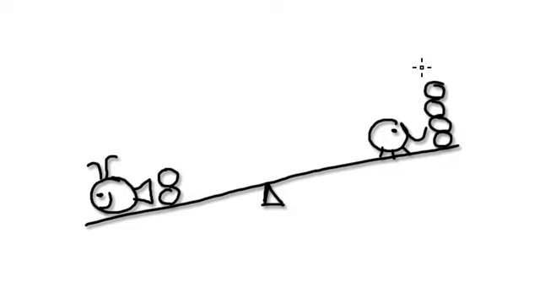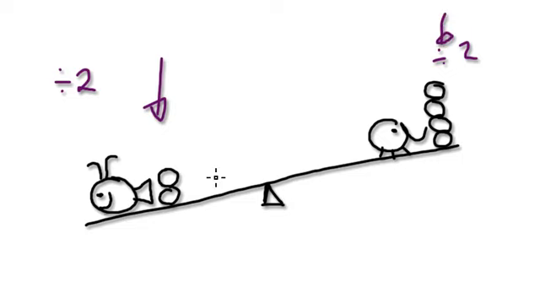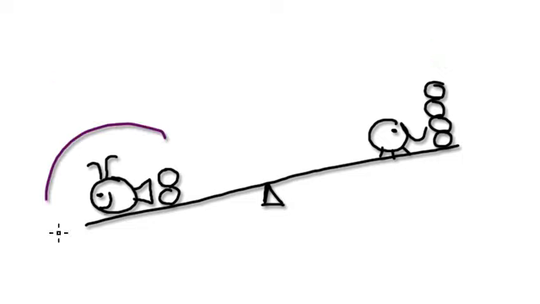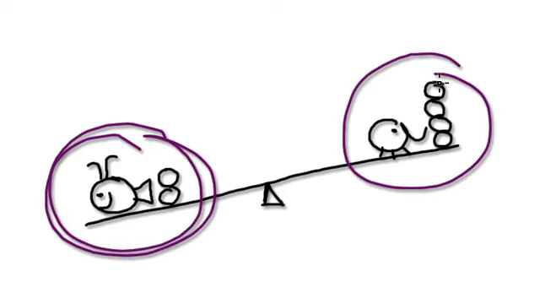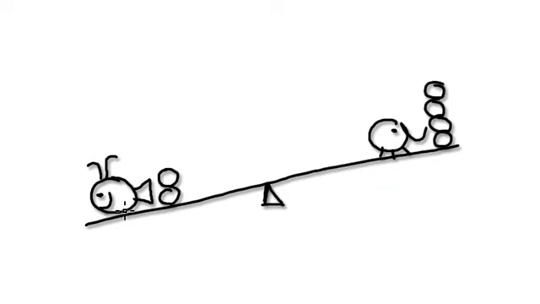Okay, and the same is true with division as well. You can divide equally to both sides, and this side will always be greater than this side. Suppose you're told that this side is heavier than this side. You could divide equally to both sides, let's divide everything by 2.